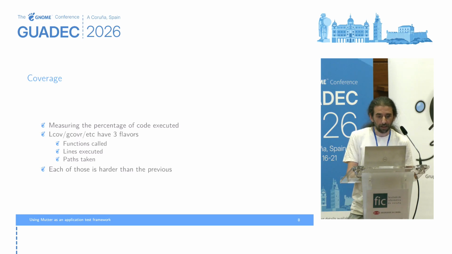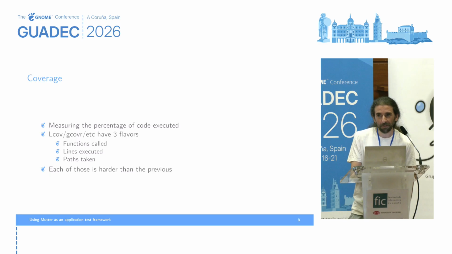There are three different flavors of test coverage, which these tools usually provide all at the same time. The first is the percentage of functions called, which is relatively easy to satisfy: as soon as you call a function, it is counted as good, so you've called it and validated a little bit of its behavior.